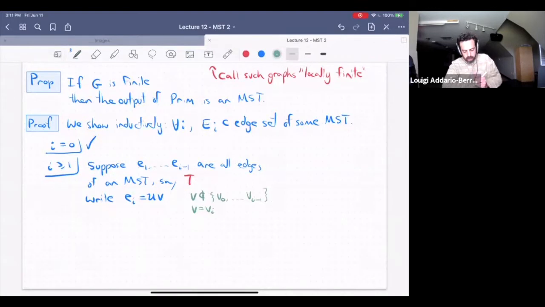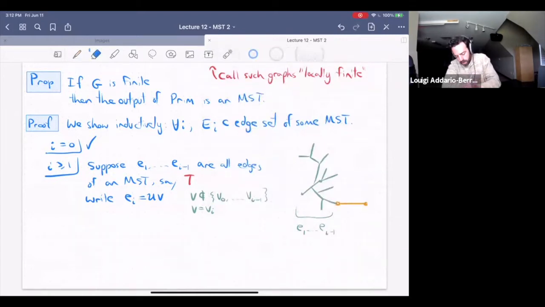And so let me draw a picture of that. We've grown some tree up to step i minus 1, so that's what's over here, the edges E_1 up to E_{i-1}. And now we add this edge E_i into the graph at step i.